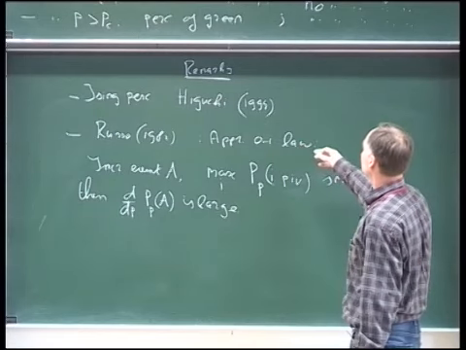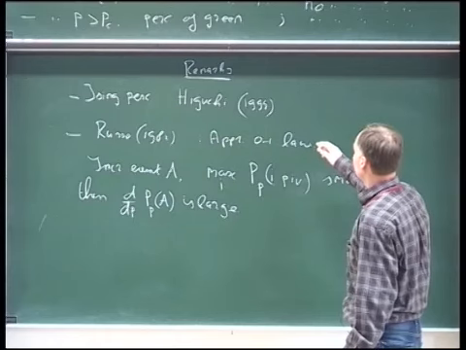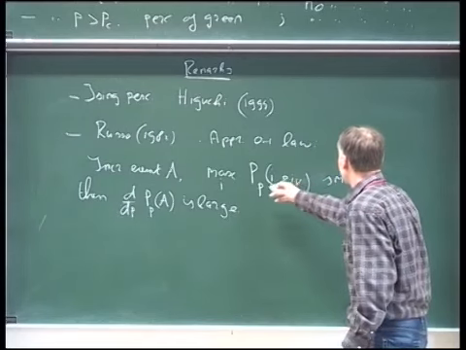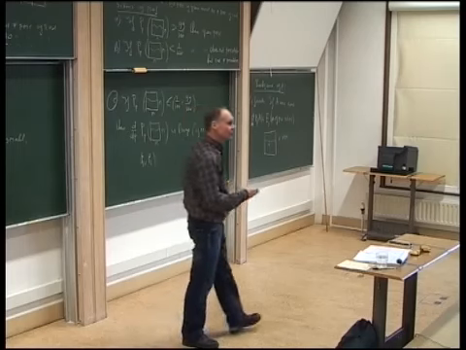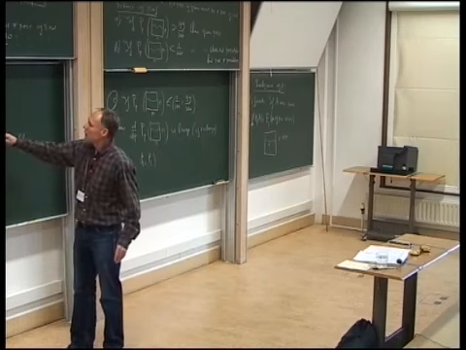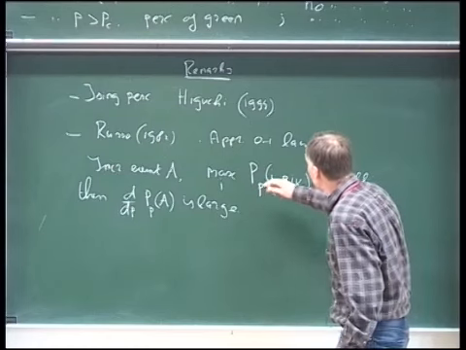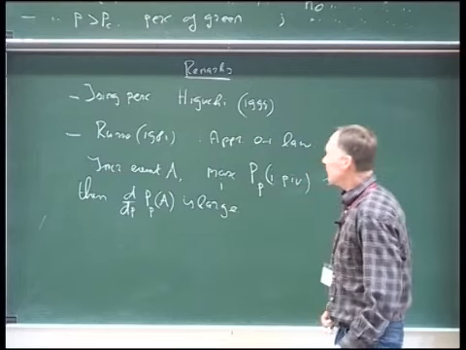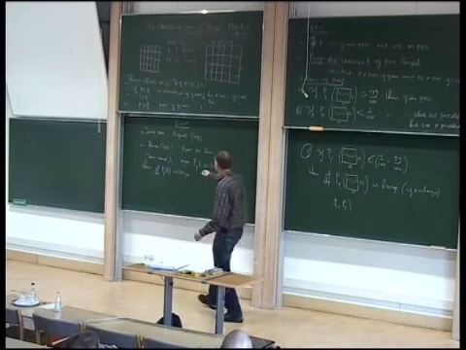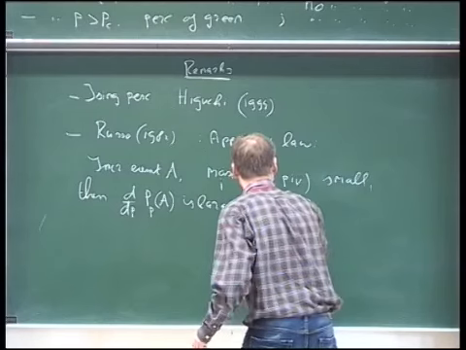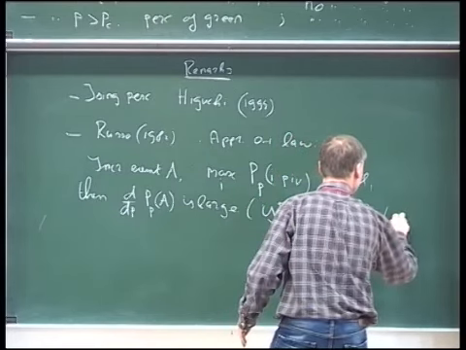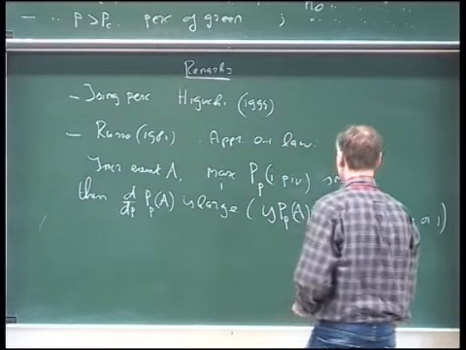Because if for all i and p, the probability that i is pivotal with parameter p is small, then for most values of p, the probability of A is close to 0 or close to 1, because once it is away from 0 or 1, the derivative becomes very large.